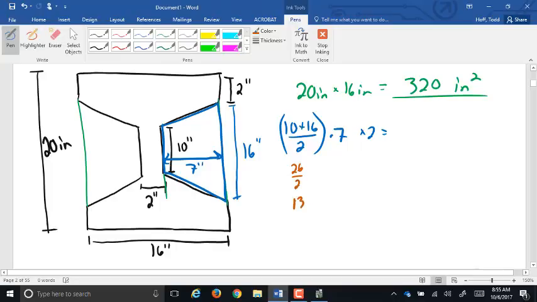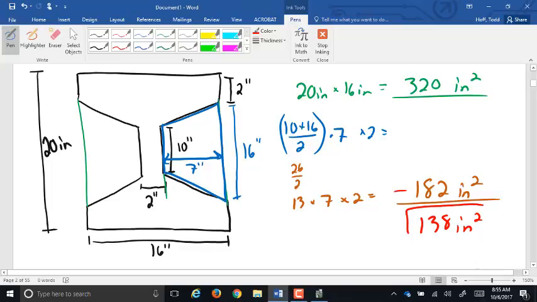Over 2 is 13 times 7 times 2 is what, 182? That's right. 182 square inches. So we are subtracting 138 inches squared. Is that what you guys got? Perfect.